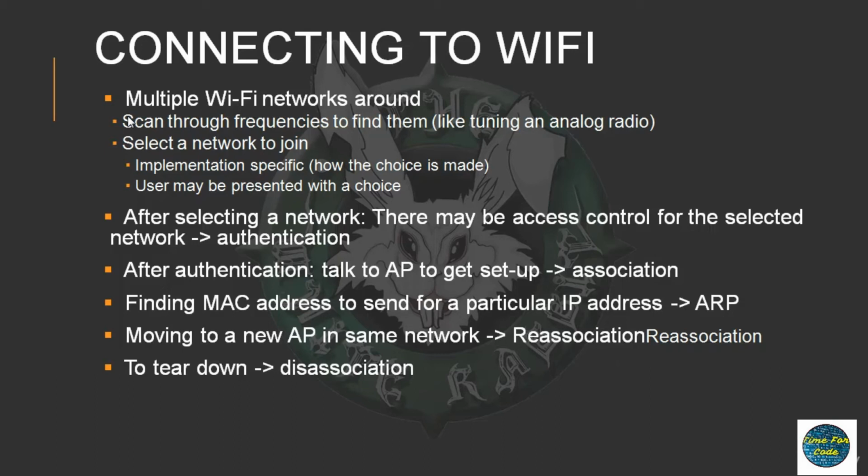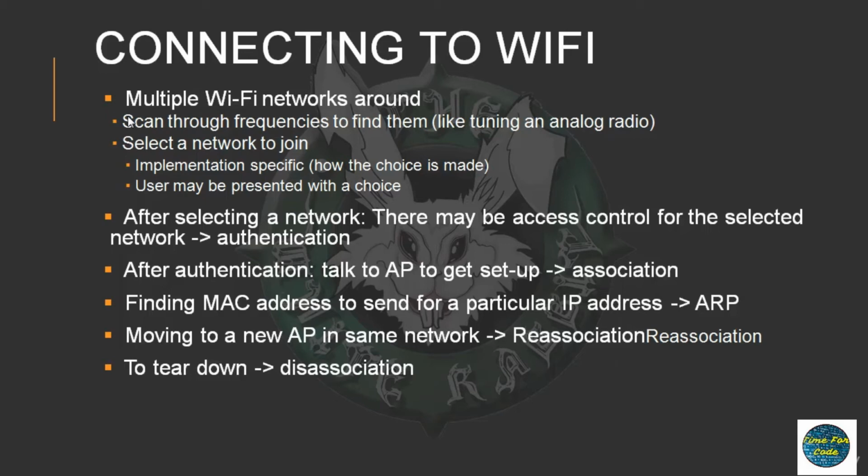And it's like tuning to an analog radio station. So you just scan through different frequencies. And what it's listening for is beacon signals that are being transmitted by the access points. So it's going to gather beacon signal information. It's going to then be able to know about the networks that are around.